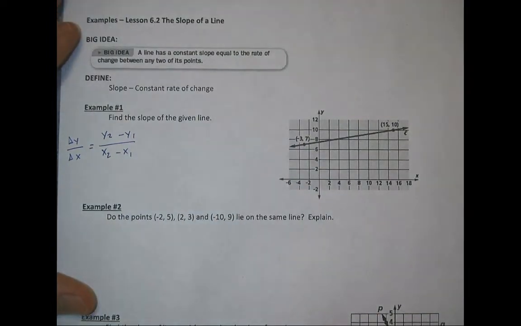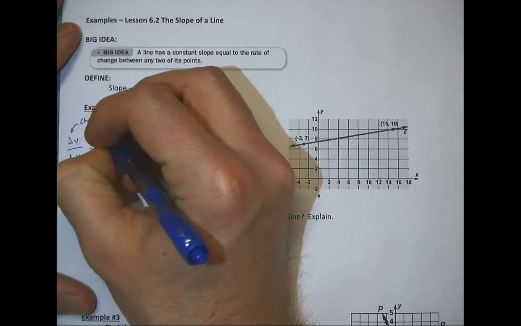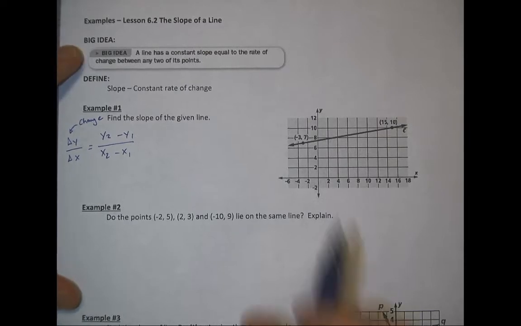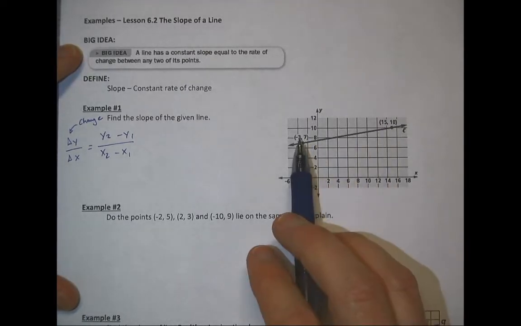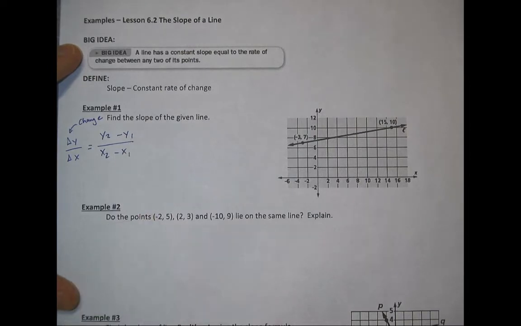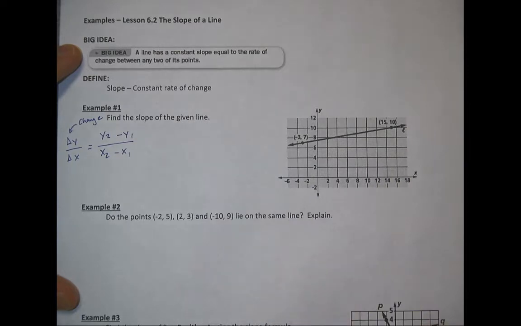That little triangle means change. You're going to see that a lot throughout your high school math career, so you want to get used to seeing that triangle. It means the change. How much did the y value change? How much did the x value change? And when we set that up in this ratio, that's going to give us the slope, which is a measurement of how fast it's increasing or how fast it's decreasing.